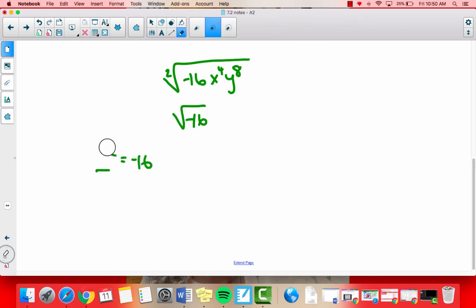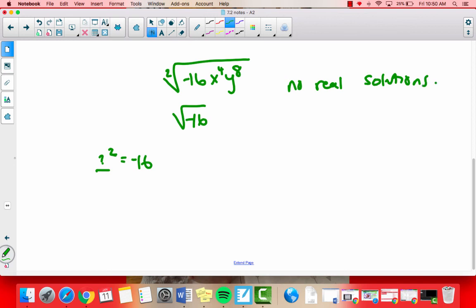Well, we know that in even powers or even index numbers, there is no real solution for negative numbers. So that means that this has no real solutions. So you could write that. However, we do know that it's going to have an imaginary solution because what's the square root of negative 16? This is from last semester. We know it's going to be a 4 and an i. So we're going to have that imaginary number in there.